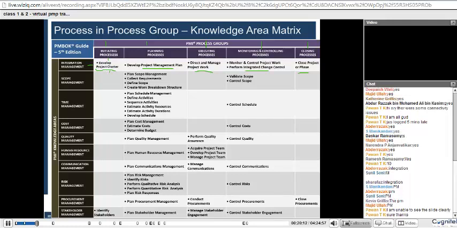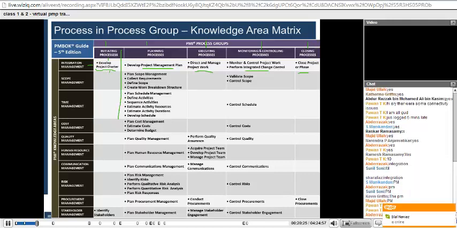Now, if I ask you how many processes are there in the initiation process group, you just need to look in the first column here, and you would find that there are just two processes in initiation: developing the project charter and identifying the stakeholders. Similarly, in planning, you have processes from all the knowledge areas. You can see that not even a single knowledge area row is empty when it comes to planning.